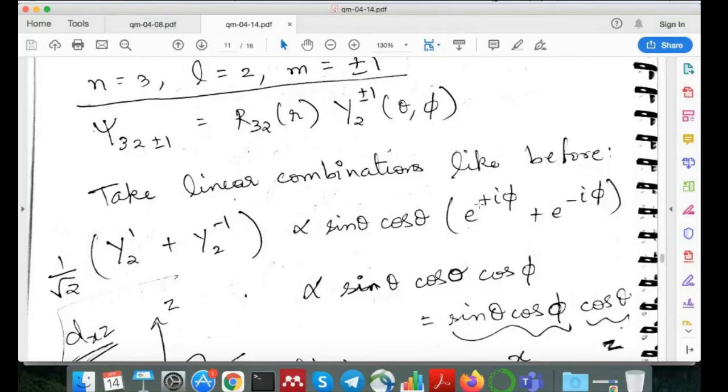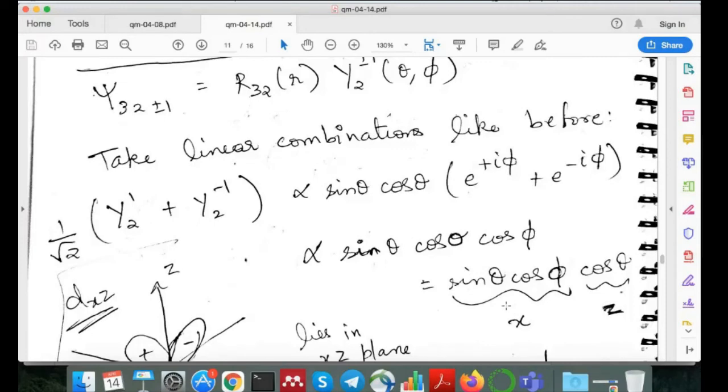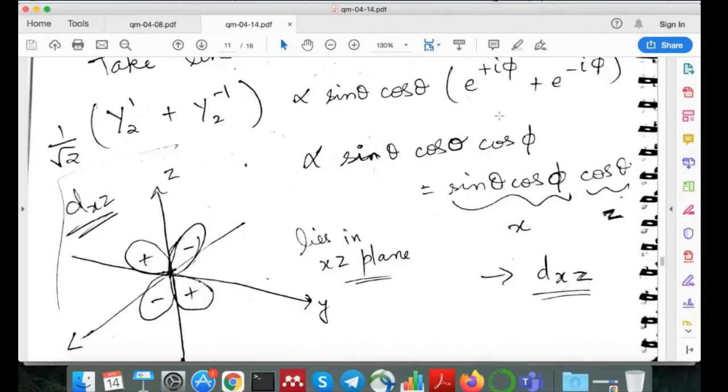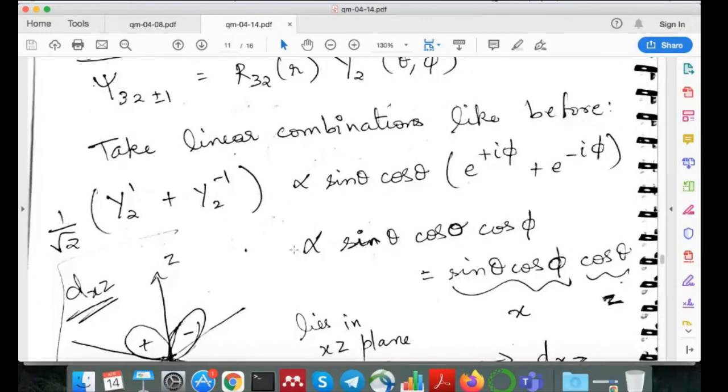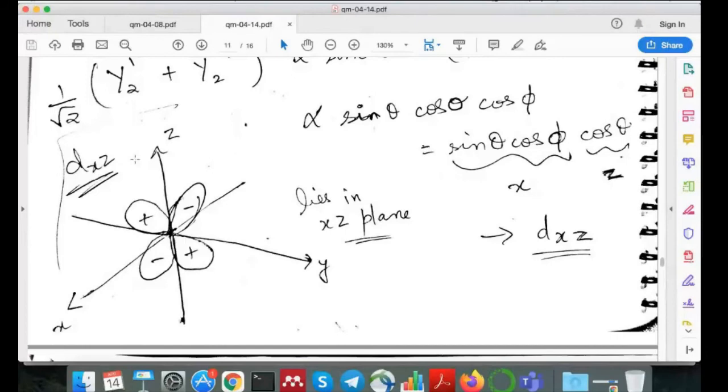This is nothing but cos phi, so we get sine theta cos phi, which is nothing but your x, since r sine theta cos phi was your x and r cos theta is z. If you take the square to get the probability density, you will get basically xz. So this linear combination represents your dxz orbital, which lies in the xz plane.